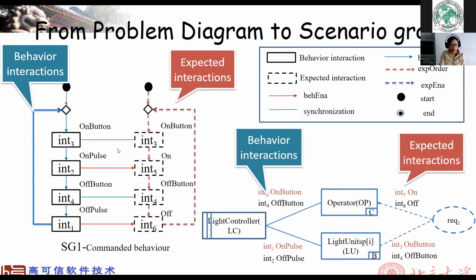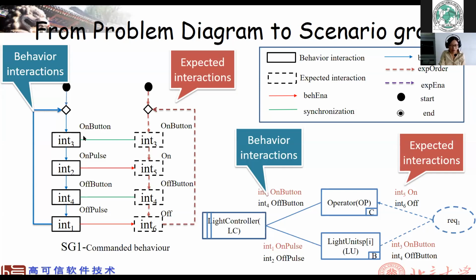So we define five kinds of relationships between the behavior interaction and expected interaction. For example, this green line means a synchronization, meaning they happen at the same time. For example, here we have inter3, and this one is also inter3, which means we are observing that the switch operator presses the on button.